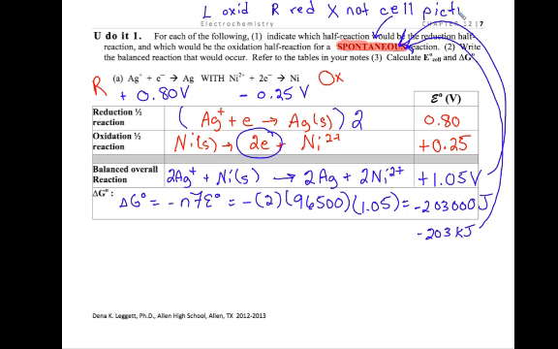Often it is, but I wouldn't count on it. And in fact, they may actually reverse that order to see if you understand. But when we do cell notation, the left-hand side is always representing the anode or oxidation side, and the right-hand side is always going to be our reduction or our cathode.